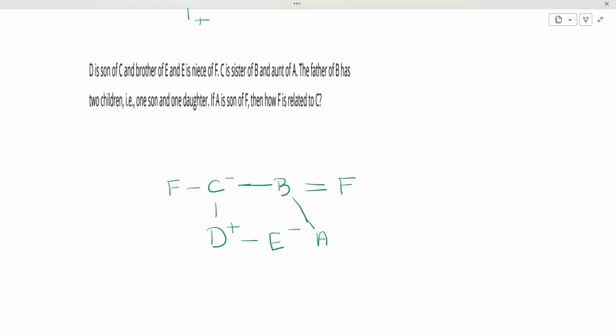If we say that the father of B has two children, now understand this. Father of B means this is B, and this person has two children.